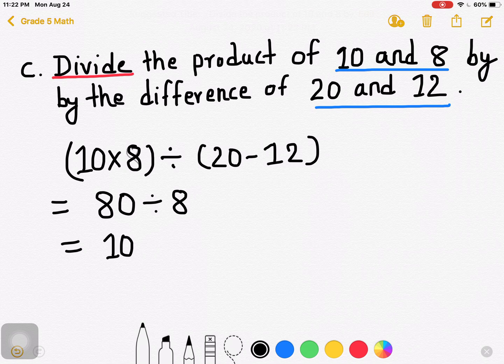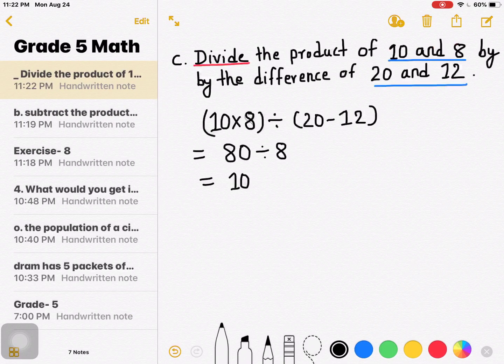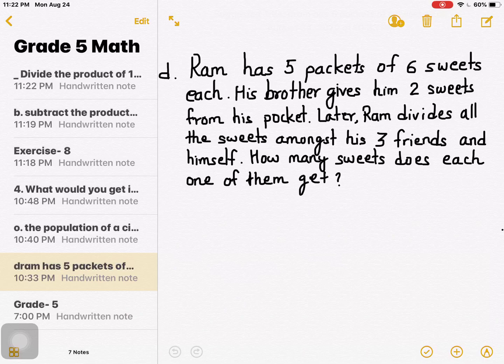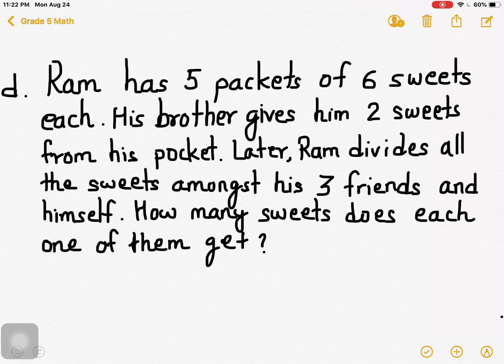Now let us go to problem number D. Ram has 5 packets of 6 sweets each.